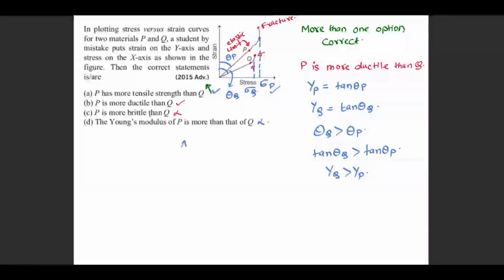So the answer to this will be option A and option B, right? So I would have marked these two as the answers.